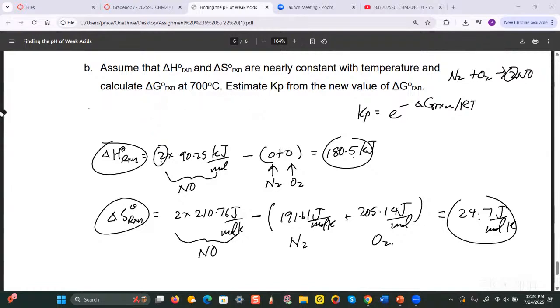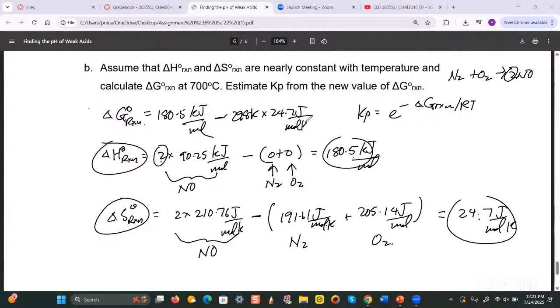Delta G standard for the reaction will be equal to delta H, which is 180.5 kilojoules per mole, minus T multiplied by delta S, which is 24.7 joules per mole Kelvin.